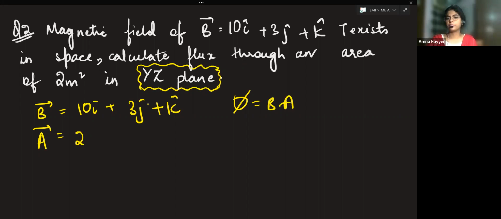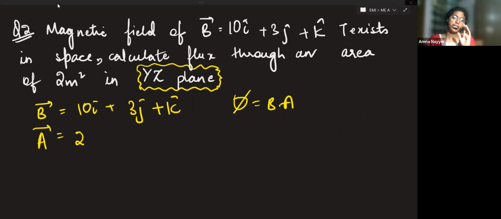Anybody from all of you? Asma. If the plane surface is in the YZ plane, where will the perpendicular or area vector be pointing to?